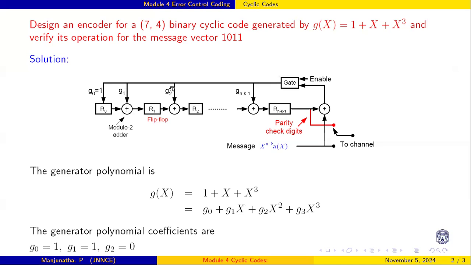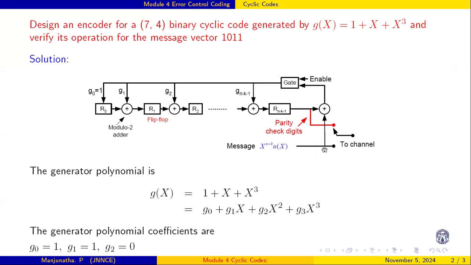Again, R1 has a coefficient here, it is g2, and so on. And the operation is like this: the last output of the register is XORed with the input message.